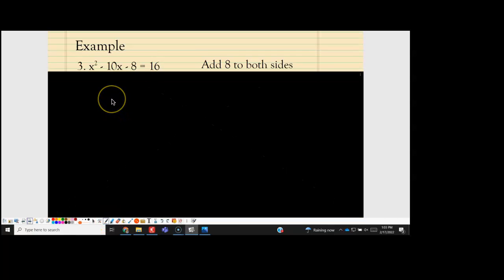Okay, and last we have x squared minus 10x minus 8 equals 16. So just like in the past, we had to get it set equal to 0. Now we need to get it set equal to C. So C is all the linear or constant stuff added together. So we're going to add 8 to both sides.